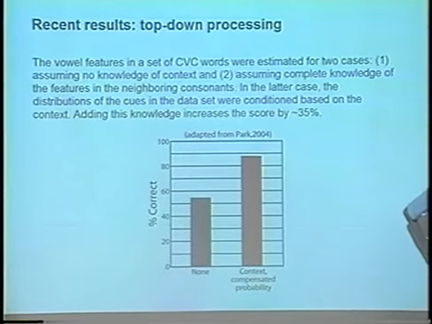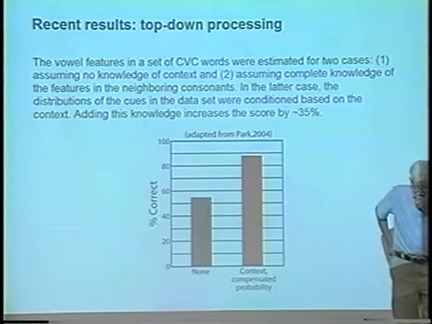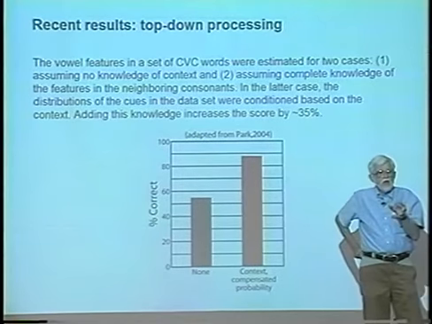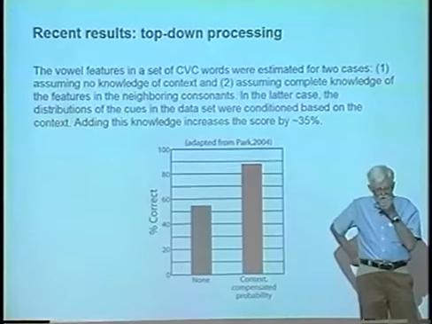Here's another case. We were experimenting. There was a student who did a little project on this. Let's suppose you take a hypothetical situation where all you want to do is identify consonant, vowel, consonant words automatically.